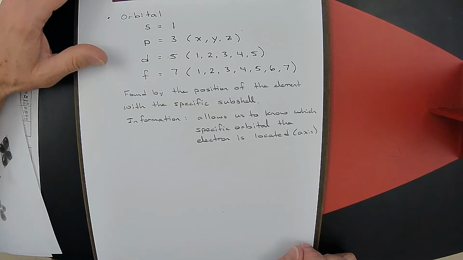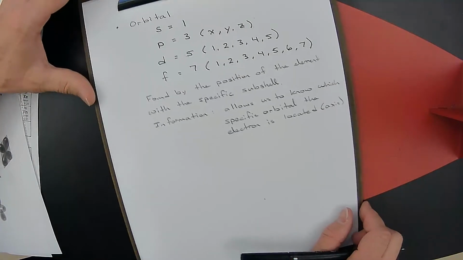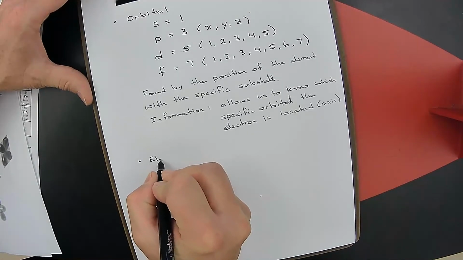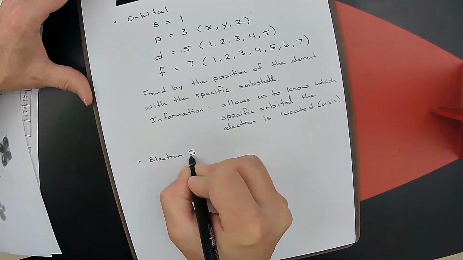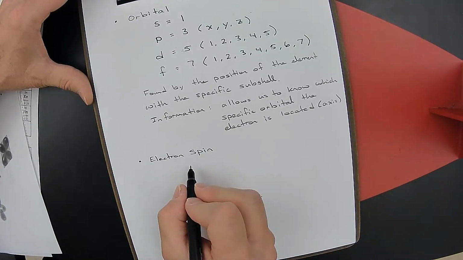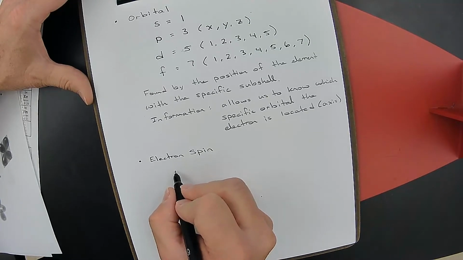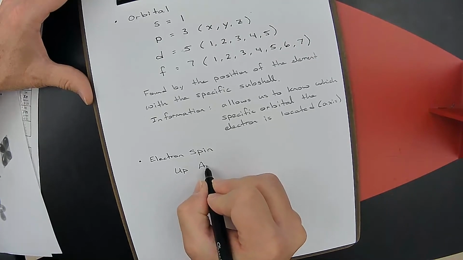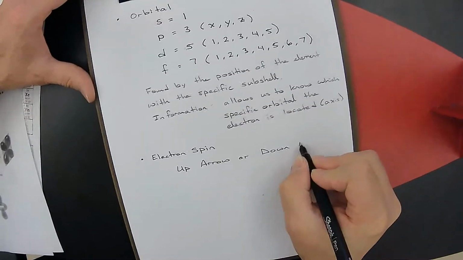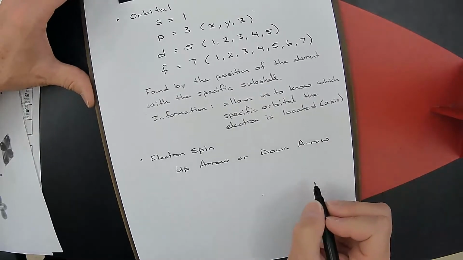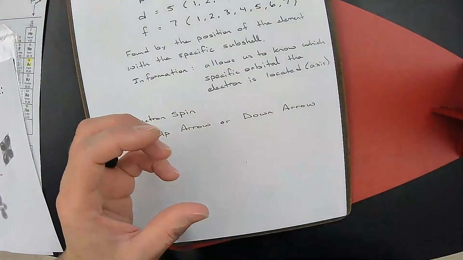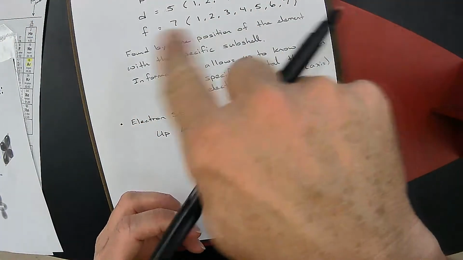Finally, we're going to be dealing with the electron spin. And the electron spin is designated either by an up arrow or down arrow. We can think of these electrons just like the Earth is rotating around the sun, the Earth is also spinning.